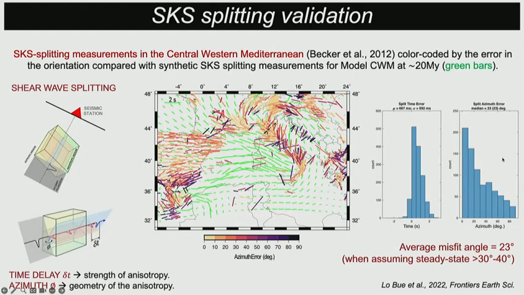But anyway, the average misfit between the observations and the synthetics is about 20 degrees, which is an improvement relative to what has been produced so far for this area when assuming steady state conditions, right? So the novelty here is that we are accounting for the dynamic evolution of the system.